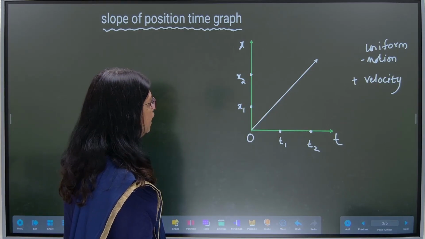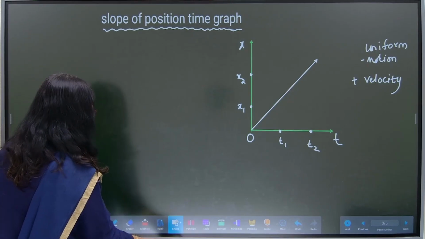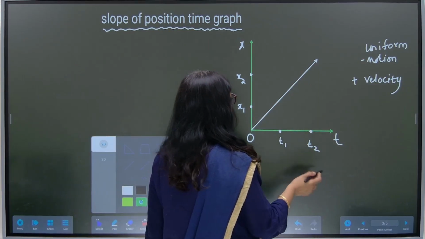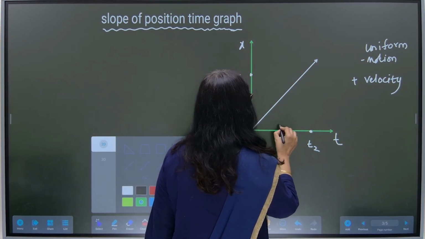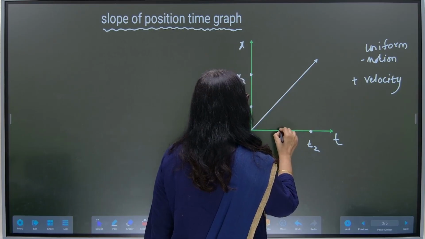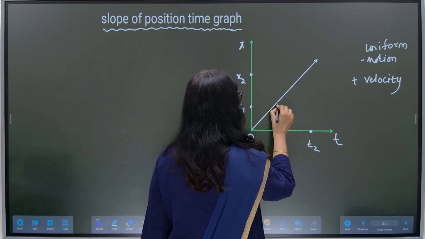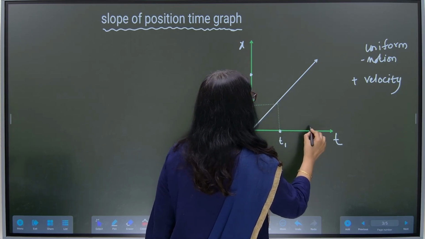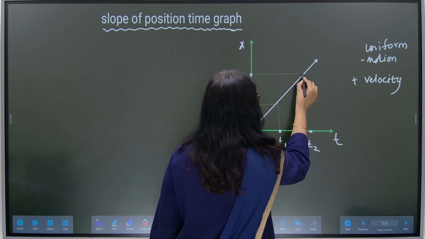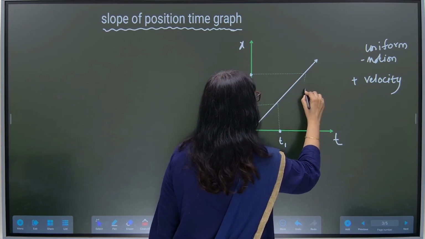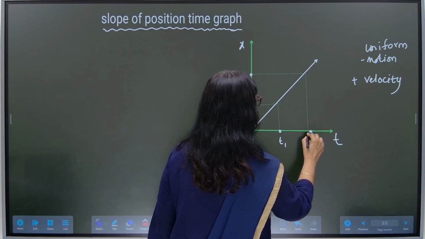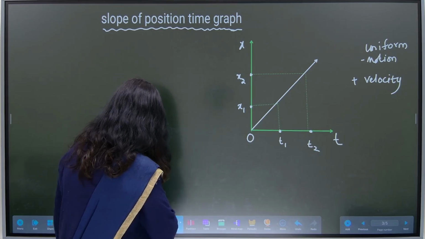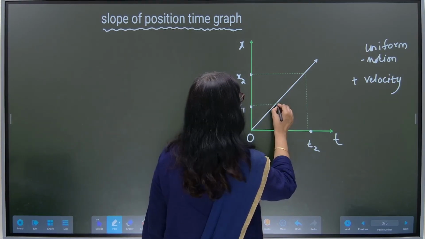How do I calculate the velocity for this kind of a graph? So, I simply draw one straight line from here to here. Again, from here to here, I draw a straight line and I connect it to t2. Okay. So, these are my 2 points which I have considered on this graph.